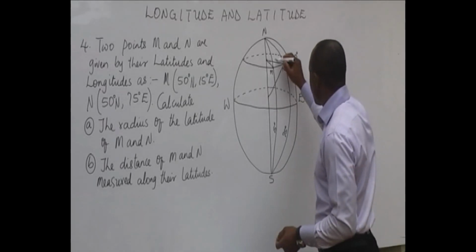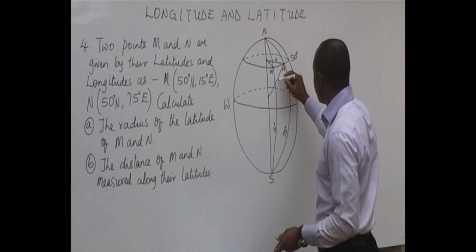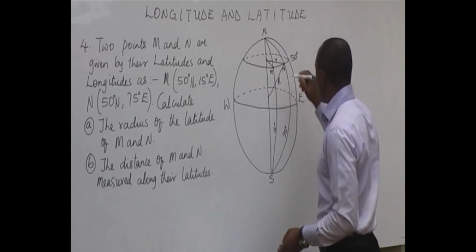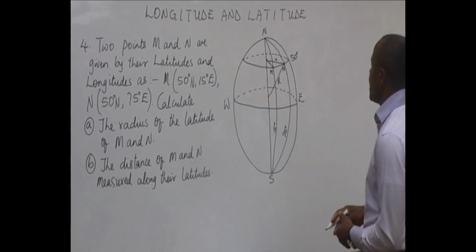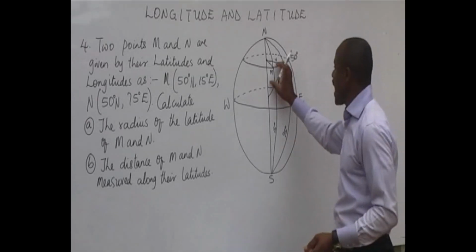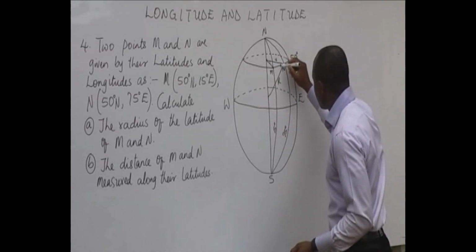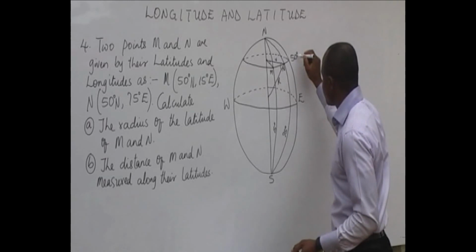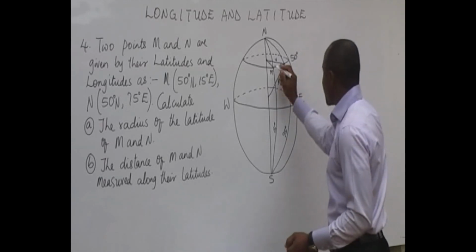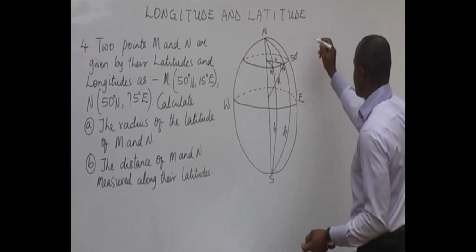So this is the small r now, and this is the big R. Now I told you this is a right angle triangle, and this angle here is 50 degrees. So if you bring out this triangle now, you are going to have something like this.